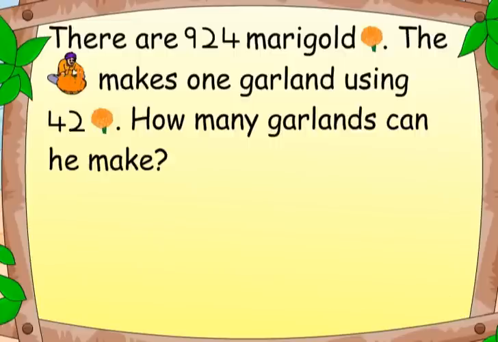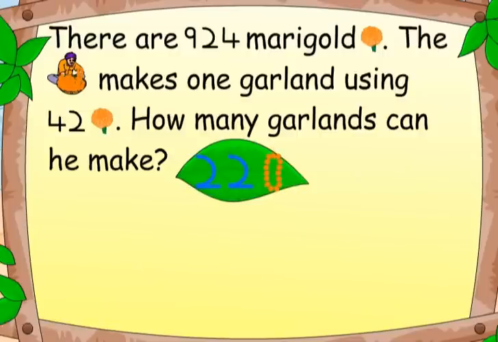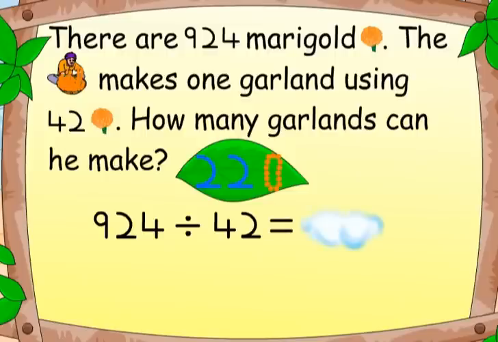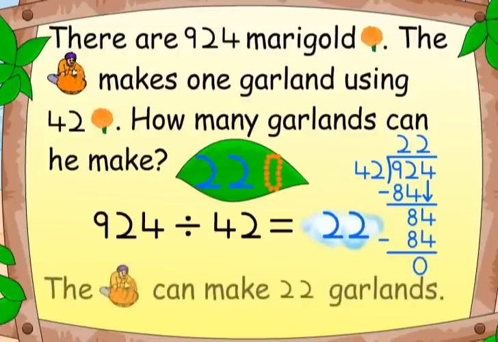How many garlands can he make? 22 garlands. 924 divided by 42. The florist can make 22 garlands.